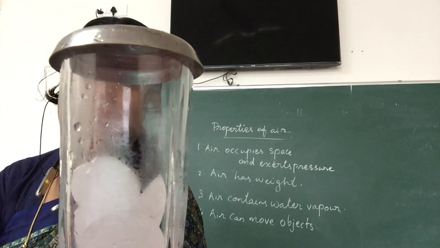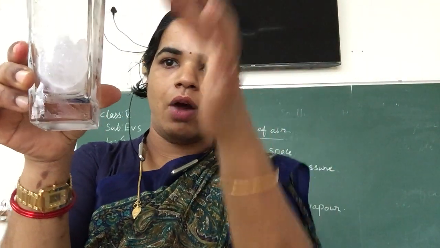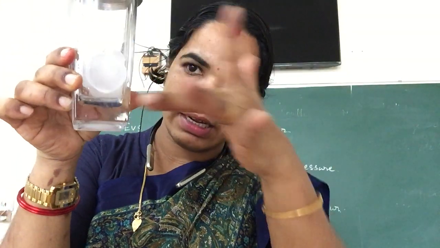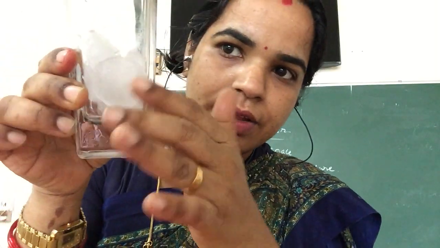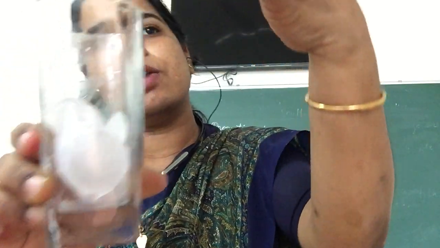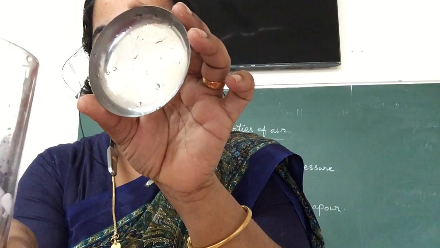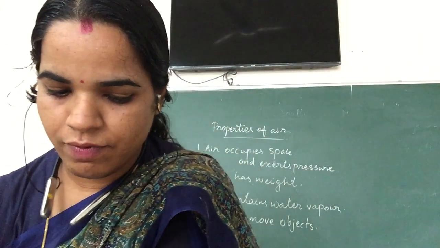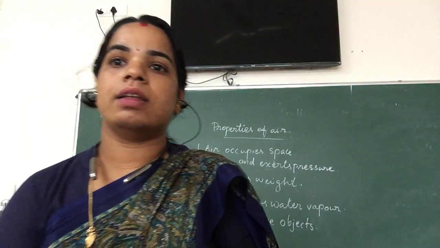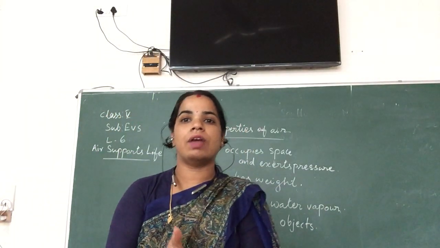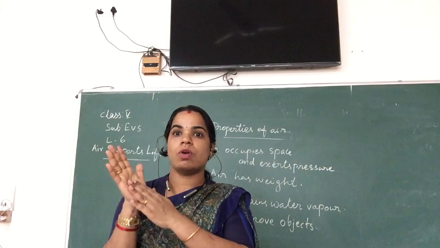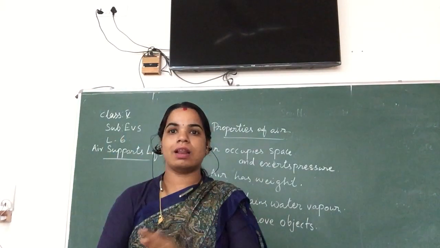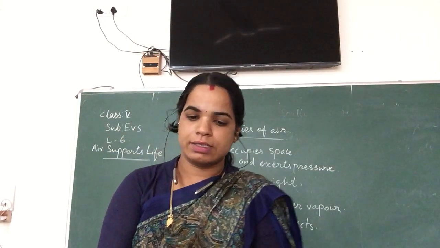Slowly water droplets appear on the outside of the tumbler, here and here also. So we know that air contains water vapor. Whenever it is cold, it is like rain, we get rainwater.